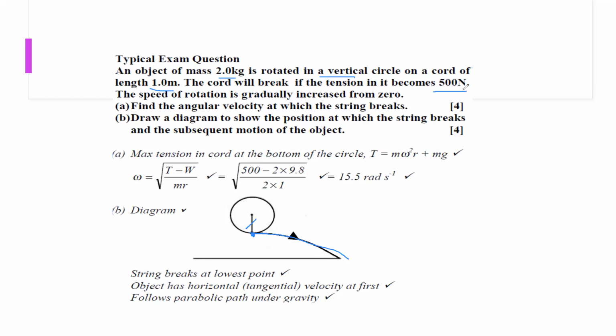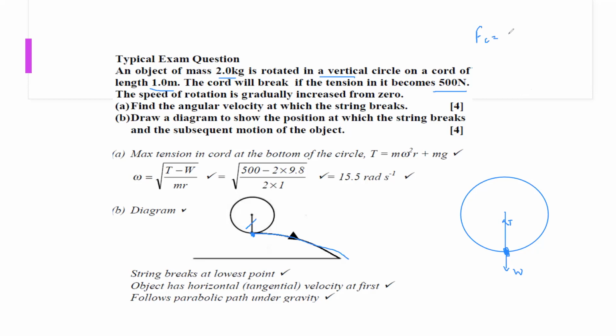So you have the centripetal force, it's moving in a circular path, in a vertical circle. And what we need is the speed at which the cord will break, and basically the angular speed, the change in angle. This is the likely position where the cord will break, because that will have more force. So T is acting up, the tension, weight is acting down, and the result of these two will give us the centripetal force.